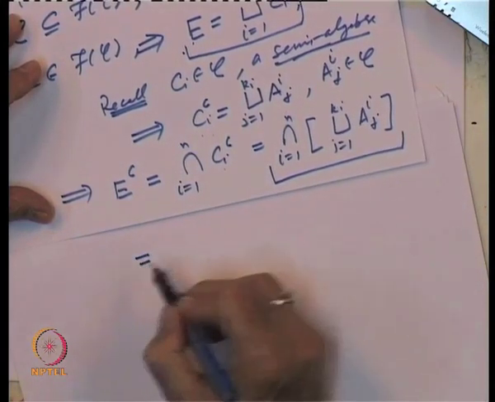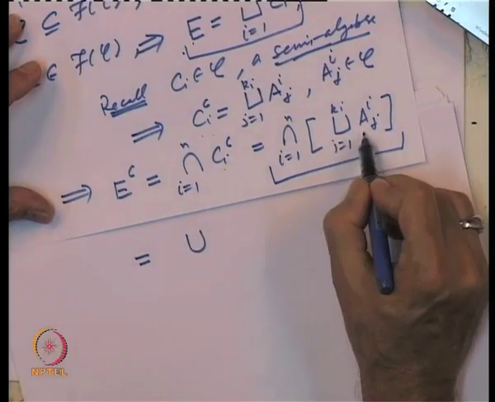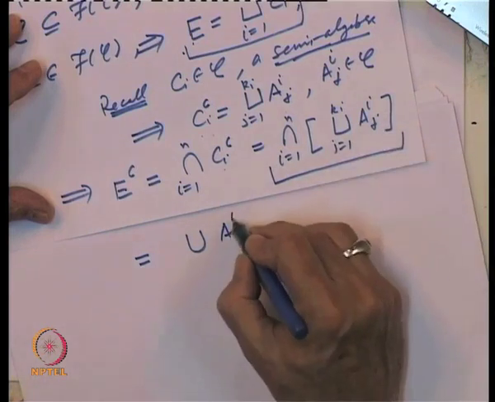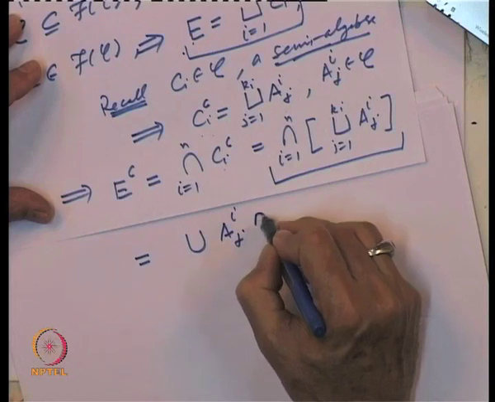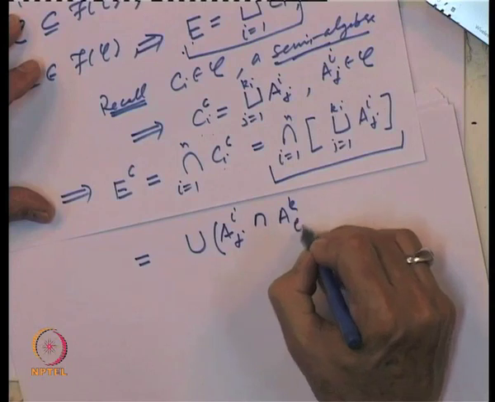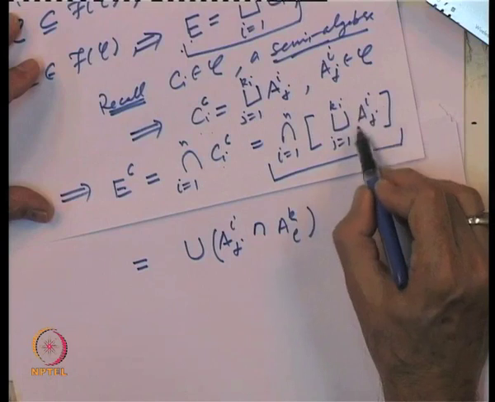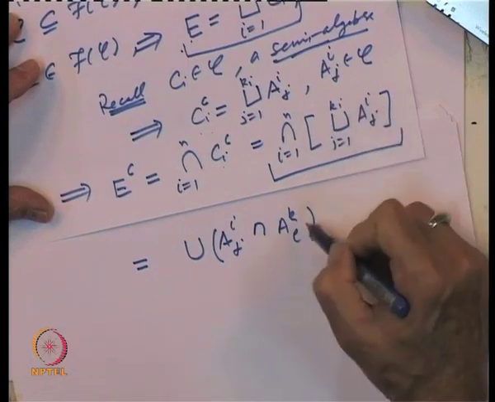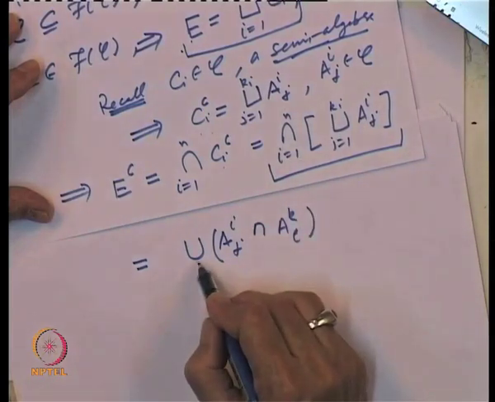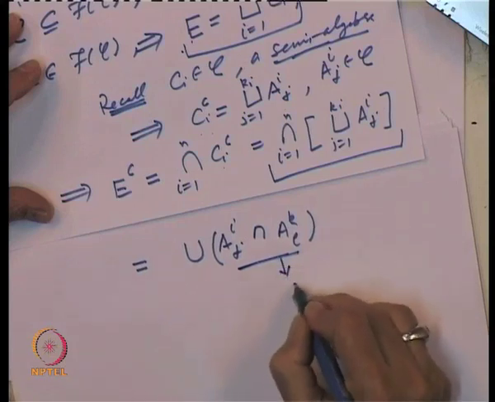This can be written as a union of a finite number of sets, which will involve A i j, so sets of the following type: A i j intersection A k L, because when I distribute it over, I will be getting one set A i j and some other set A k L, and the intersection of those, and unions of those.